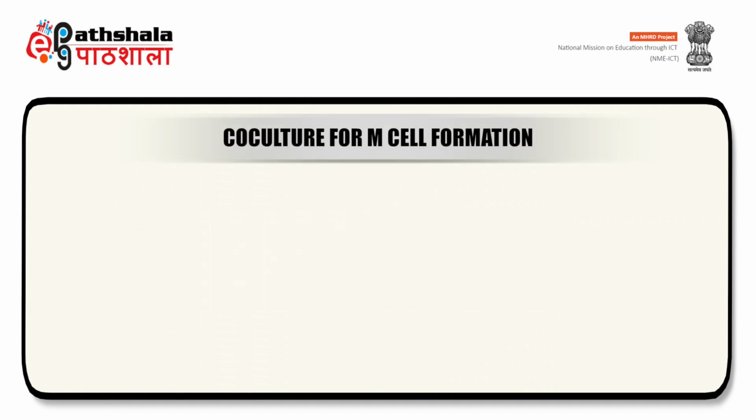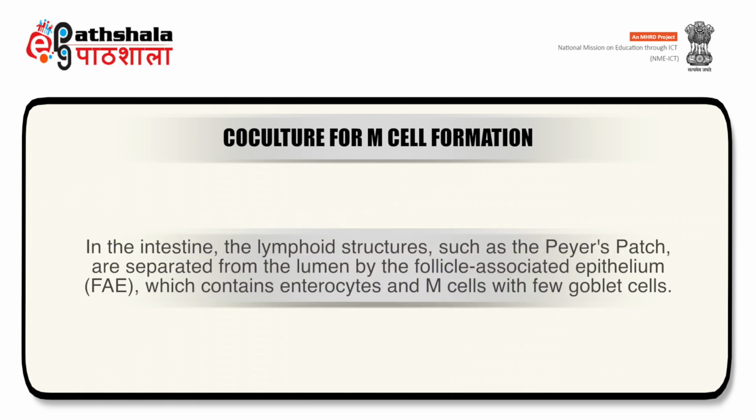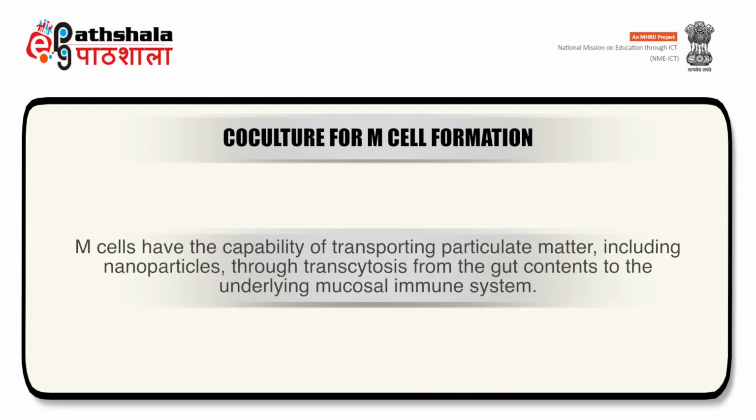Now we are talking about the co-culture for M cell formation. In the intestine, the lymphoid systems, such as the Peyer's patches, are separated from the lumen by the follicle-associated epithelium, that is FAE, which contains enterocytes and M cells with few goblet cells. M cells have the capacity of transporting particulate matter, including nanoparticles, through transcytosis from the gut to the underlying mucosal immune system.